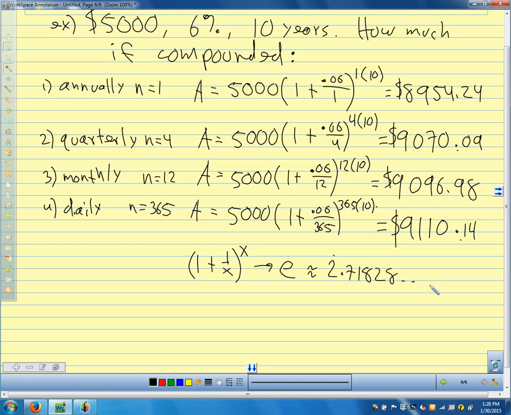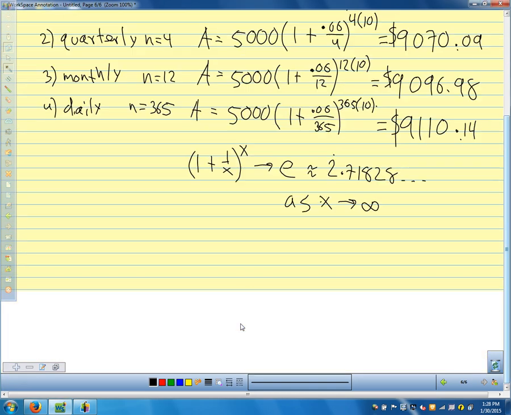E is a number like pi. It's an irrational number, a non-repeating decimal. So this quantity inside the parentheses gets closer and closer to this number e, raised to the x power, as x gets closer to infinity. So as we compound more and more frequently, we get what we call continuously compounded interest.